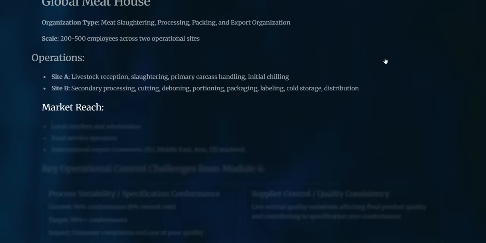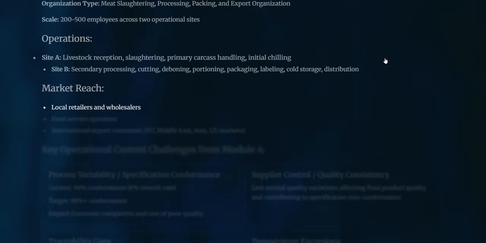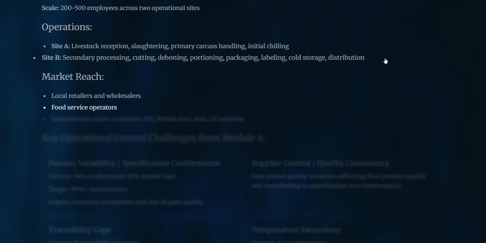The market reach for our organization includes local retailers and wholesalers. We also have food service operators, including restaurants and hotels, and butchers.